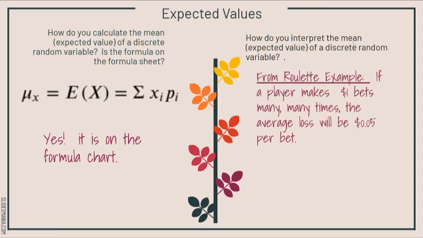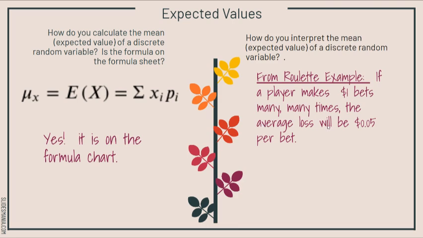And then how do you interpret the mean, the expected value, of a discrete random variable? This is kind of our template. If a player makes $1 bets many, many times, the average loss will be 5 cents per bet. So many, many times, it happens over and over again. See how it says average loss instead of saying the average gain will be -5 cents.